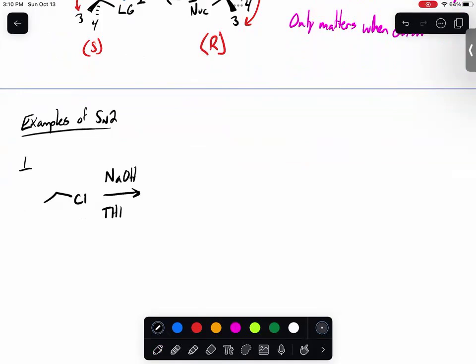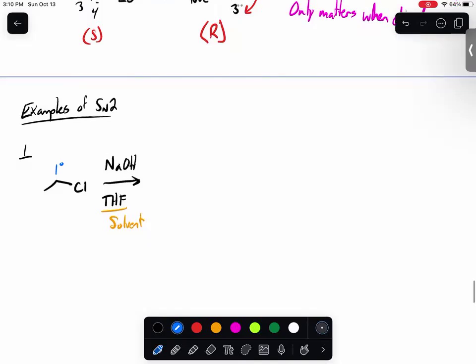Now, THF is what we would call a solvent, right? Next lecture, we're going to give a little bit of the solvent dependence of SN2 as well as the solvent dependence of SN1. But for right now, I'm just going to give you the fact that THF is a good solvent. The chlorine is on a primary carbon, right? Which we know reacts pretty fast for an SN2.